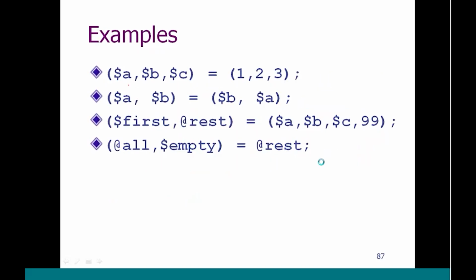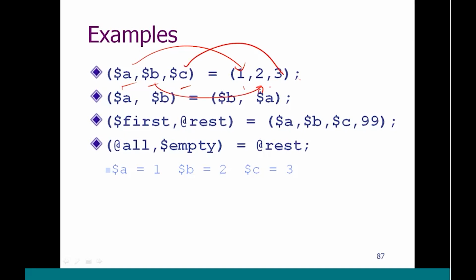So here $A, $B, $C equals 1 2 3. What this means is that $A gets 1, $B gets 2, and $C gets 3. So that's defined here.